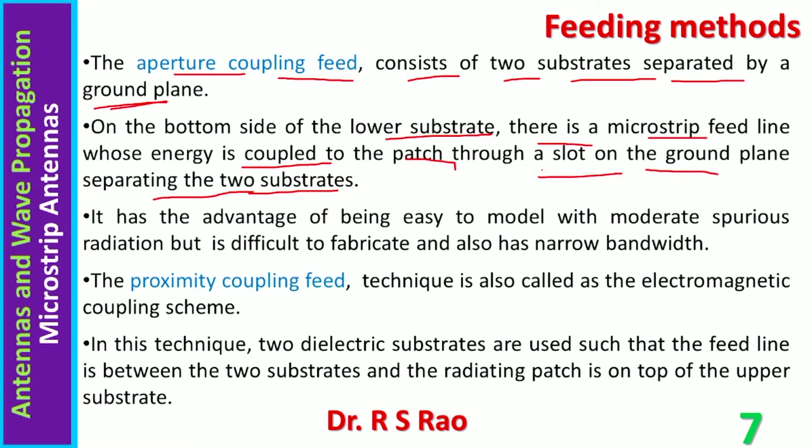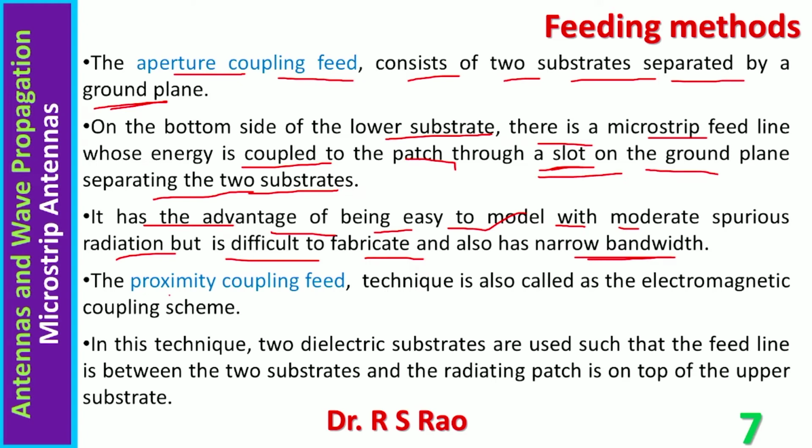So it is through a slot. Aperture is a synonym for slot. Both mean the same. It has the advantage of being easy to model with moderate spurious radiation, but is difficult to fabricate and also suffers with narrow bandwidths.